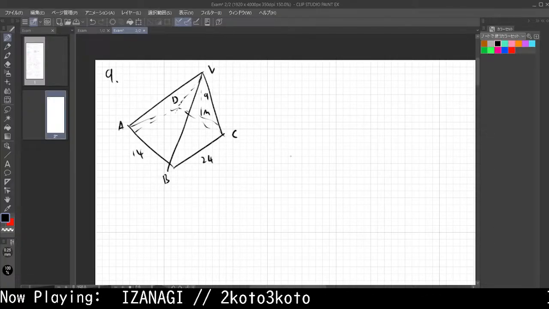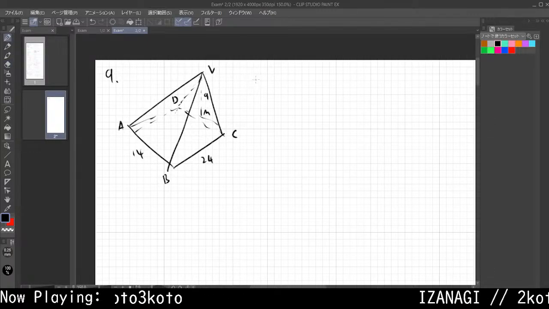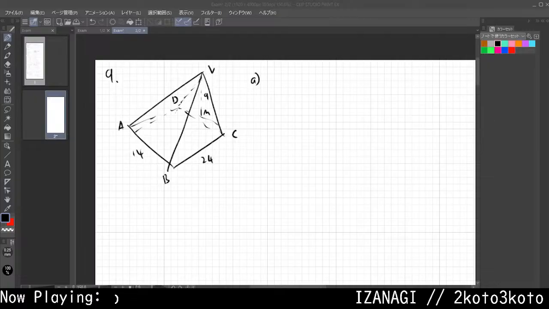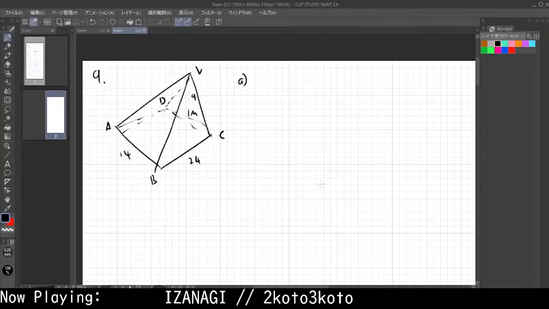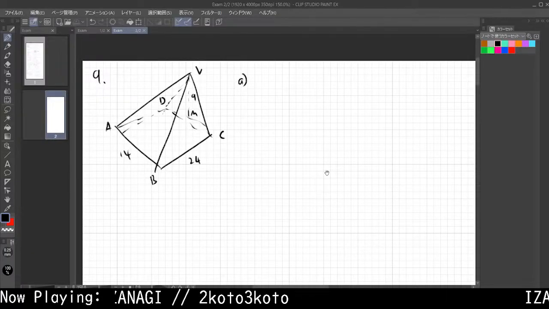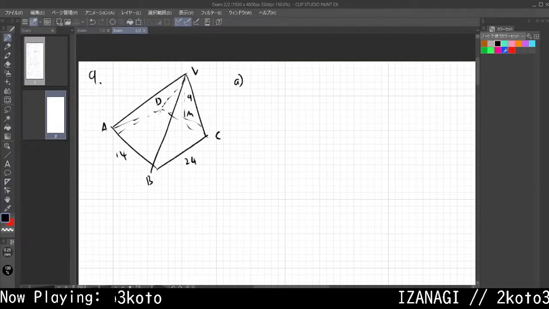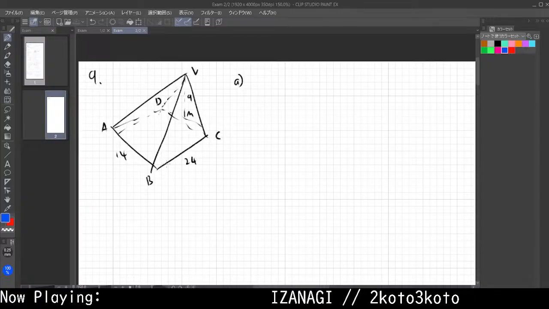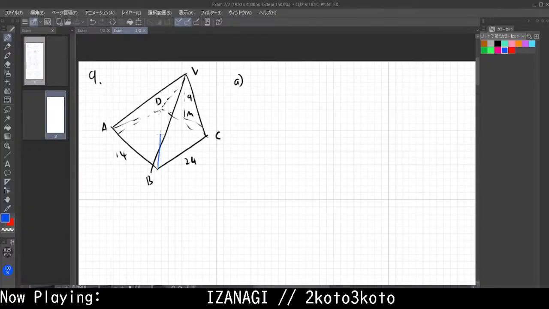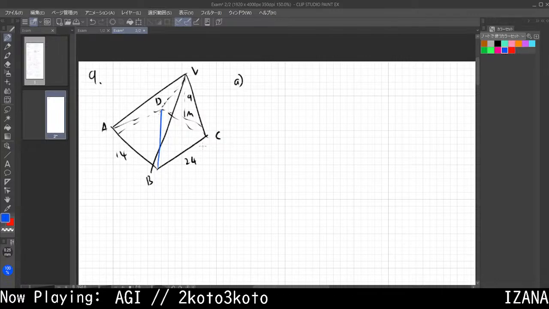So part A asks you to name the angle between VB and plane ABCD. So the idea is this: if I go from VB to here, I don't get a right angle triangle.